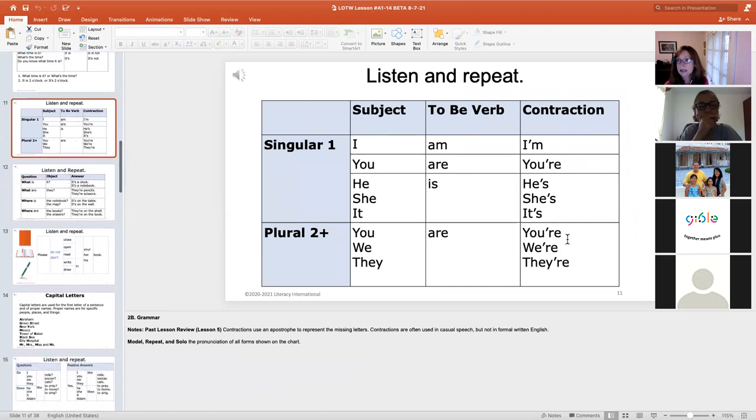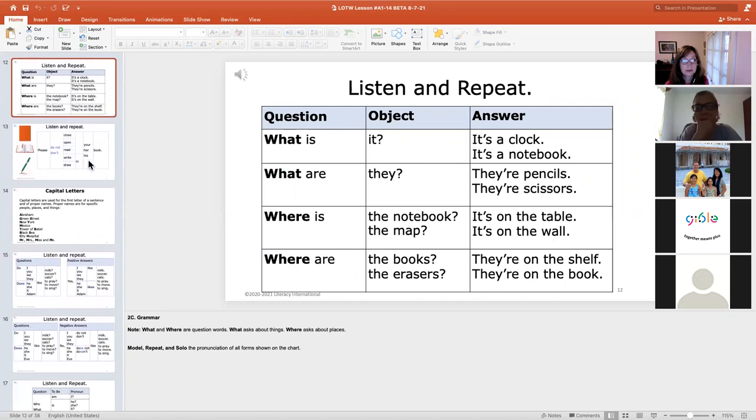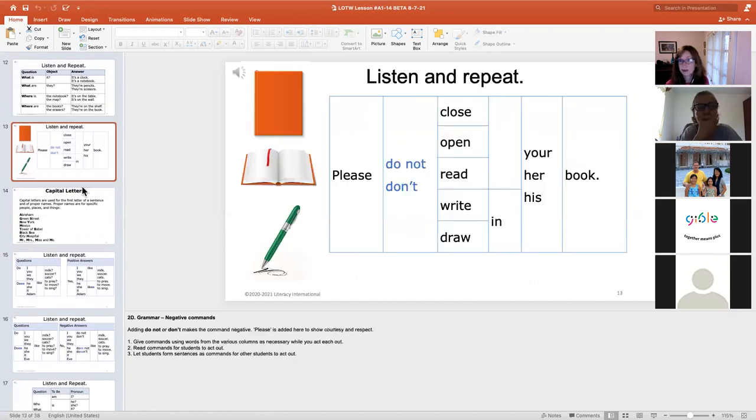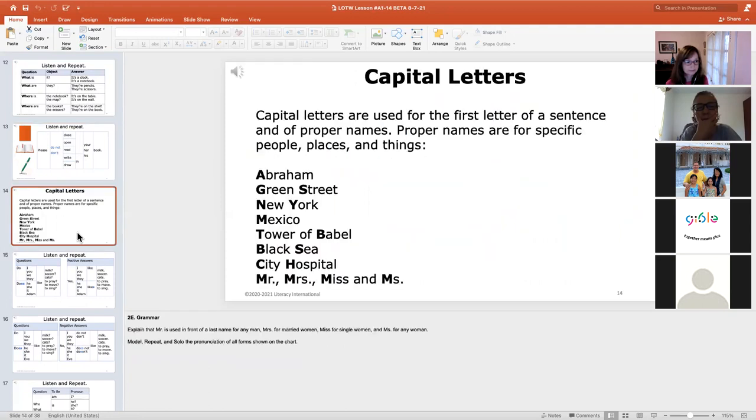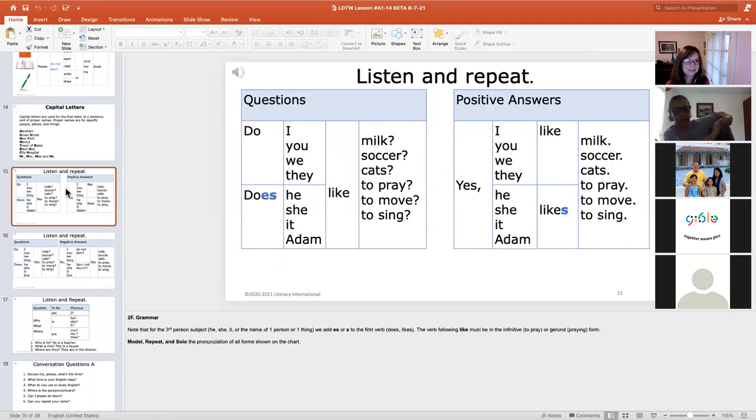We learned about making contractions with the verb to be: I'm, you're, he's, she's. We have the question words, the commands, capital letters. This is very important in A1. We want to make sure that they use capital letters for names of people and places, and for the first letter of a sentence.